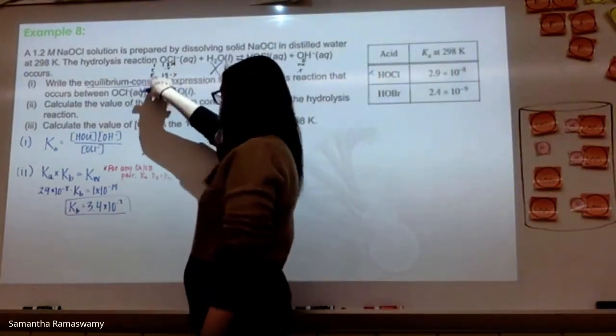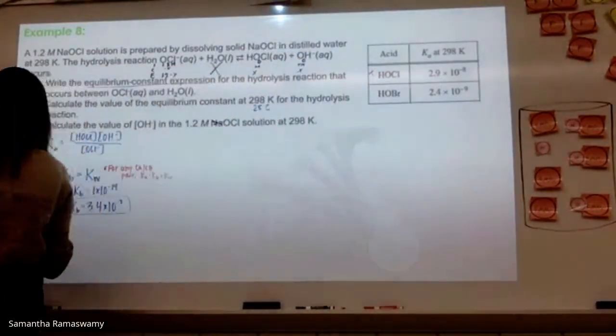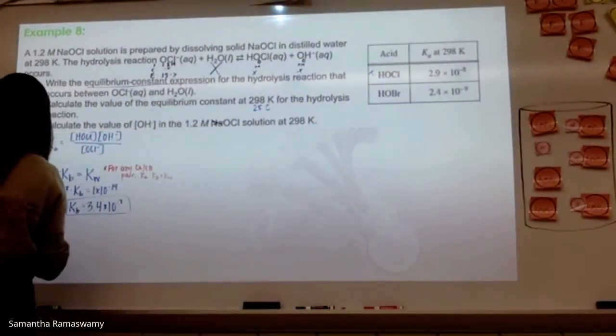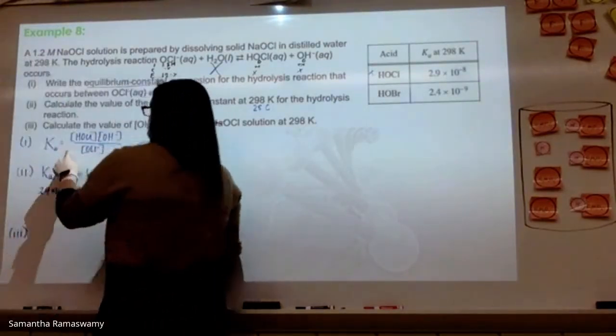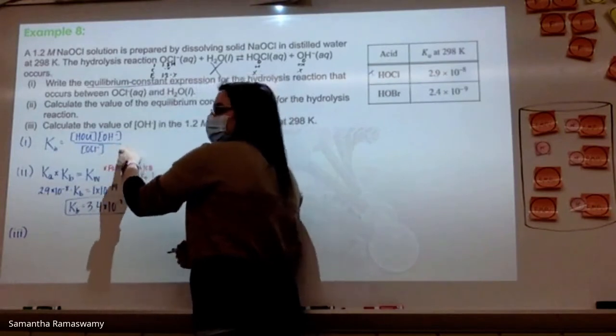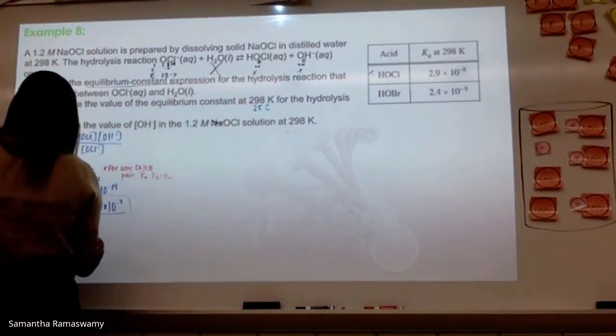We already have our expression, so I'm not going to rewrite it. So Kb, 3.4 times 10 to the negative 7th, is x times x over 1.2 minus x.